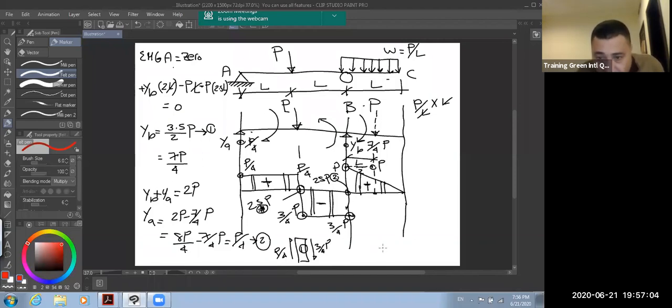Section number 2, here we have another force: B up, then down 3 over 4. Your maximum shear force is B. Correct, guys? The answer is B. Any questions here? Clear?